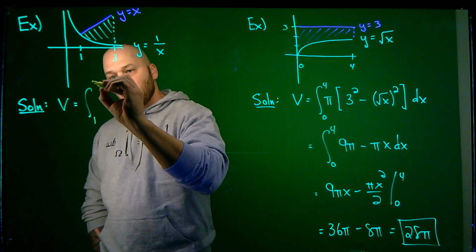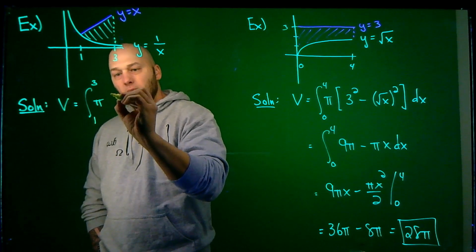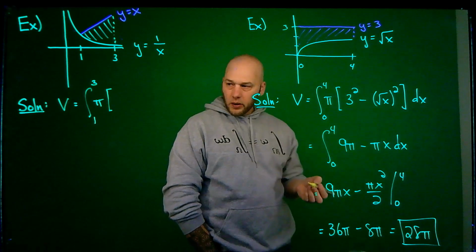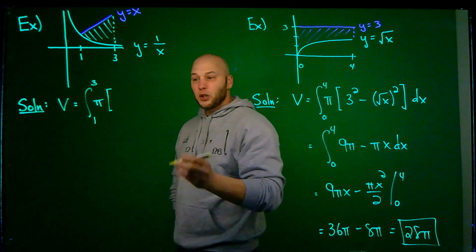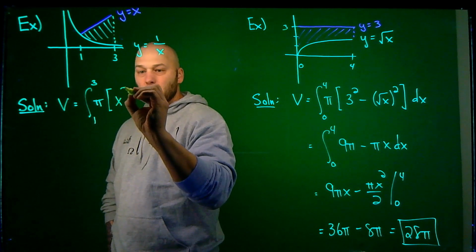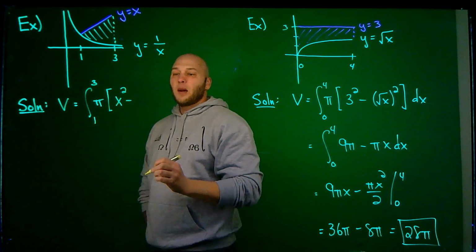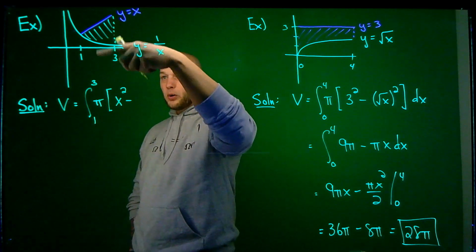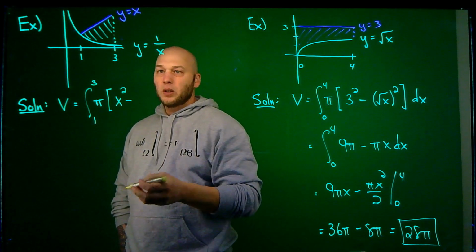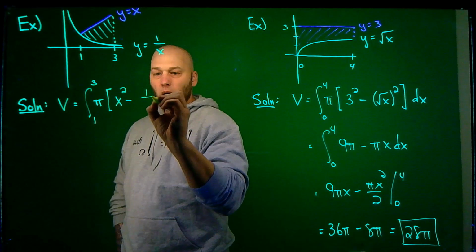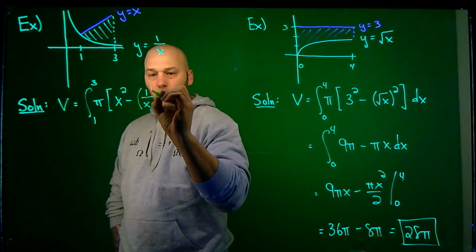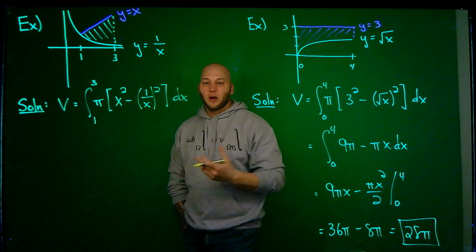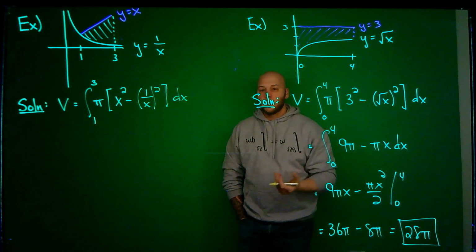So, pi times the first thing that I put in there is the square of the uppermost function, which would be x squared, minus the square of the lowest function, or innermost function, however you want to say it for this particular shape, giving me (1 over x) squared, dx. Okay, so again, there's the setup for the computation for the volume.